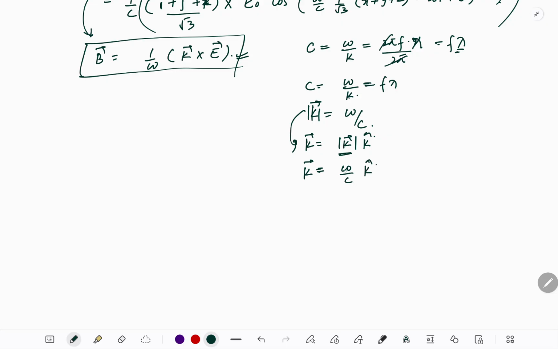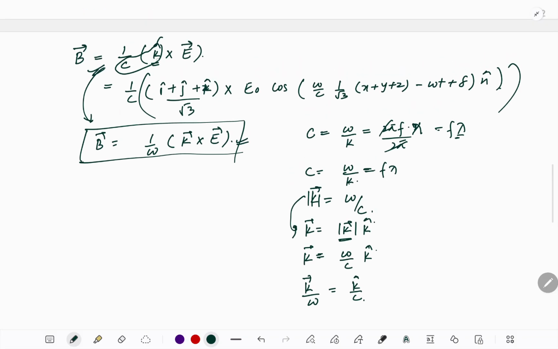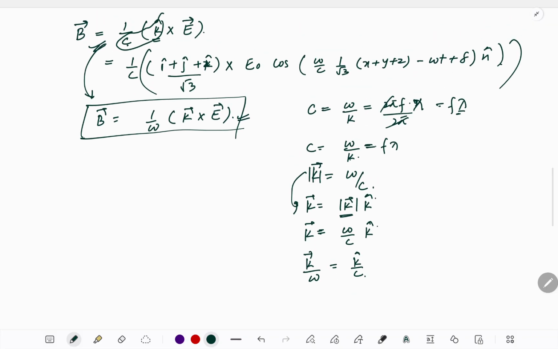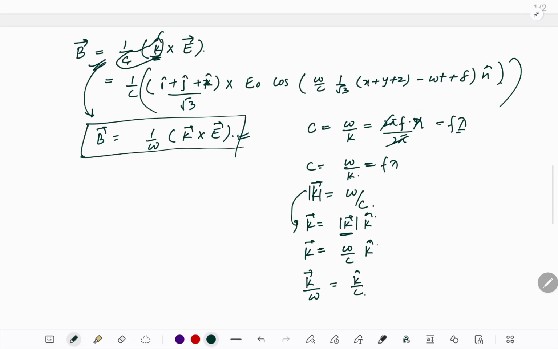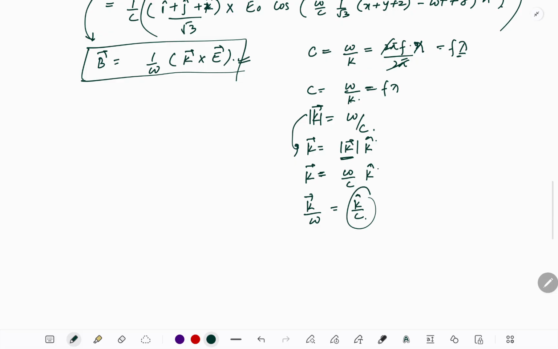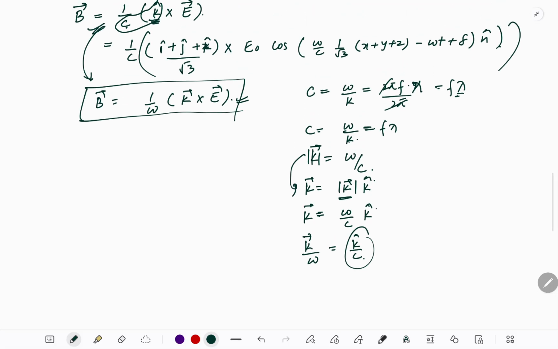Taking omega downwards, k cap by c is k vector divided by omega. So k cap by c is replaced by the k vector by omega, cross electric field. Take the omega outside: 1 over omega, k vector cross electric field.